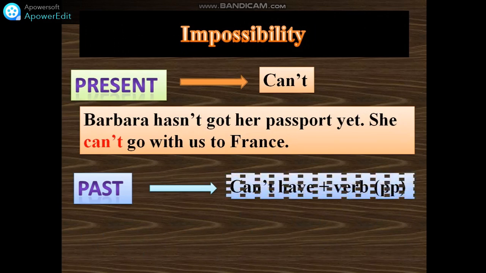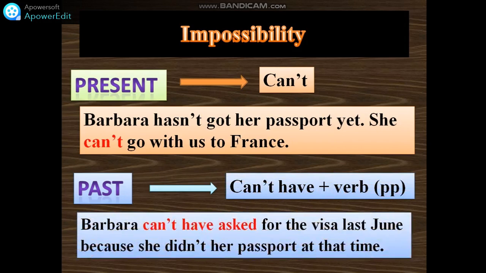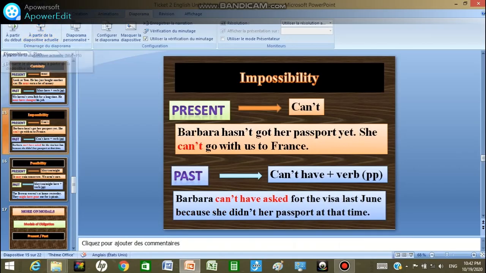In the past we use can't have plus verb in past participle. For example, Barbara can't have asked for the visa last June. Pay attention here, you have last June. Because she didn't have her passport.